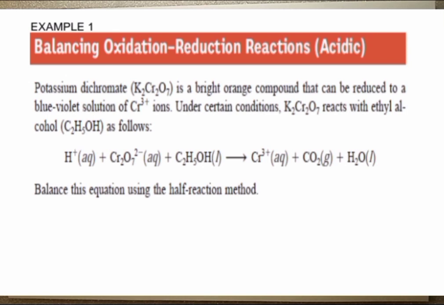We are given an equation, and the question says balance this equation using the half reaction method, the acidic half reaction method. It's very simple. So what we are going to do is copy the equation and start following the steps.